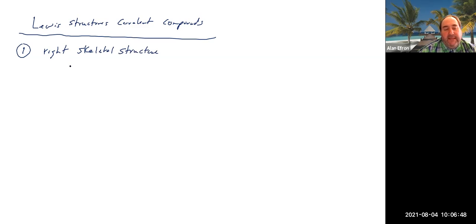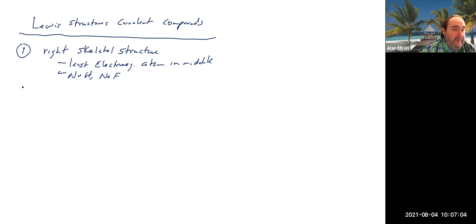Remember that the least electronegative atoms go in the middle: no hydrogen in the middle, usually no fluorine in the middle, but the least electronegative in the middle. Most of the time, everybody else is attached to that central atom.